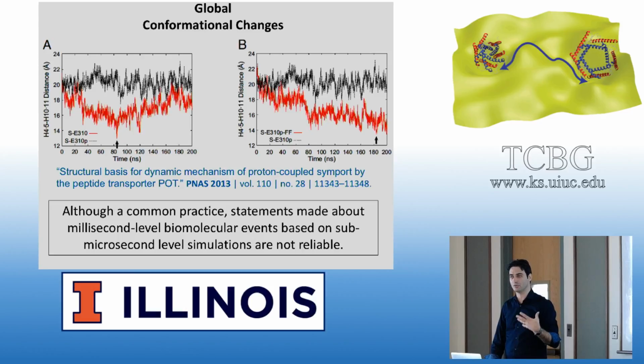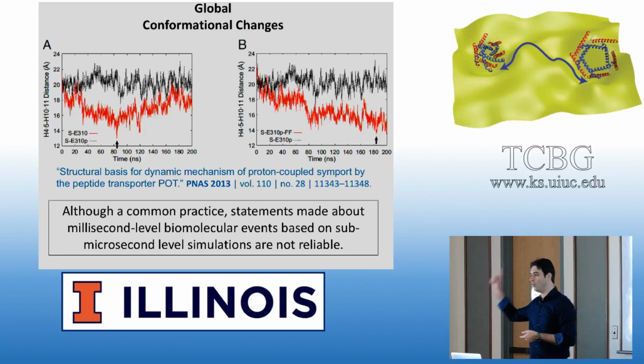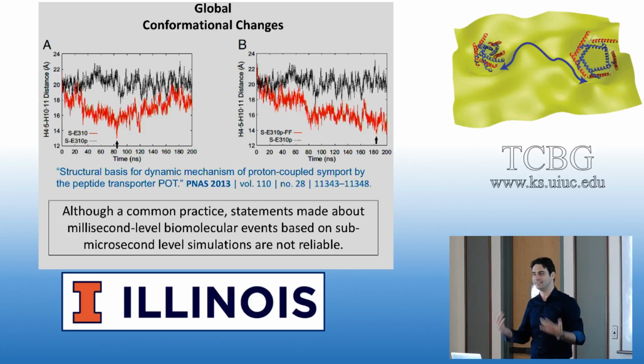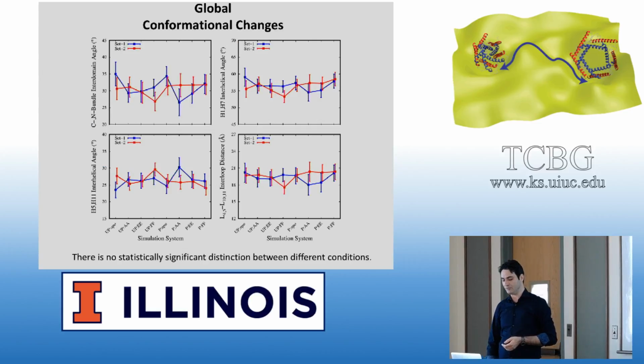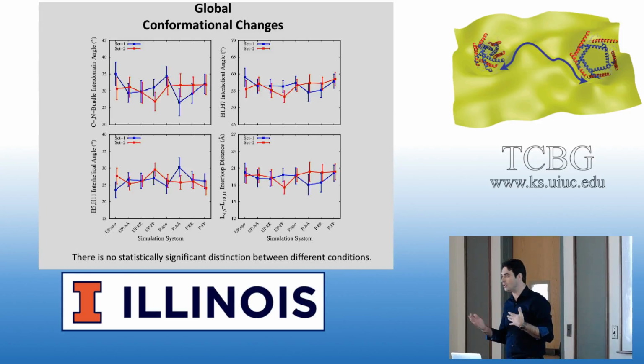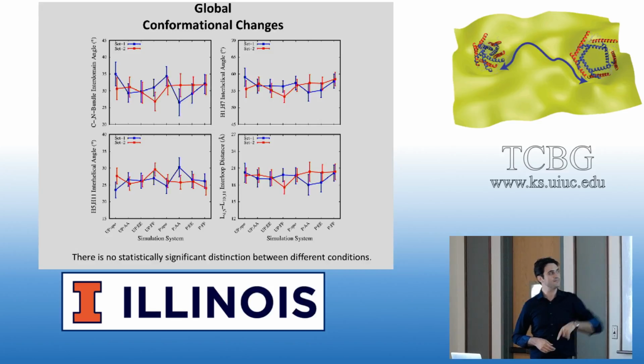We did this for multiple different global conformational changes and 8 different conditions to see whether we actually can observe even one single global conformational measure that does show a distinctive behavior in 2 different conditions. And we weren't able to find even one. So these are 4 different global conformational measures in 8 different conditions.